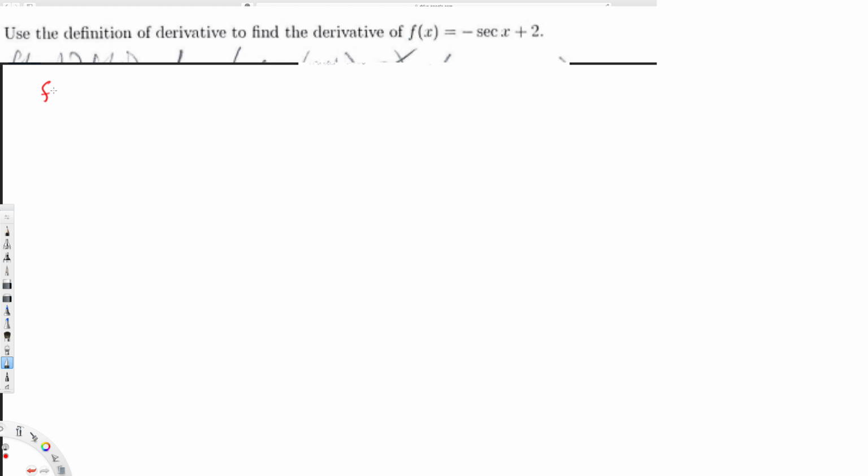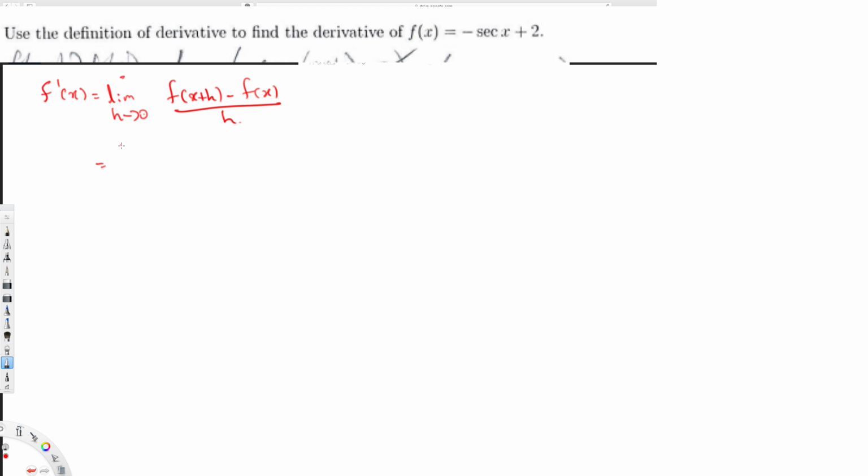It's going to be f prime of x is equal to the limit as h approaches 0 of f of x plus h minus f of x, over h.